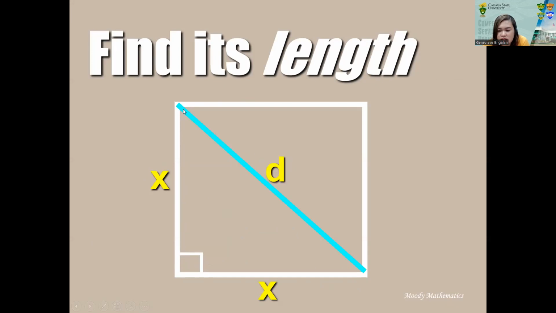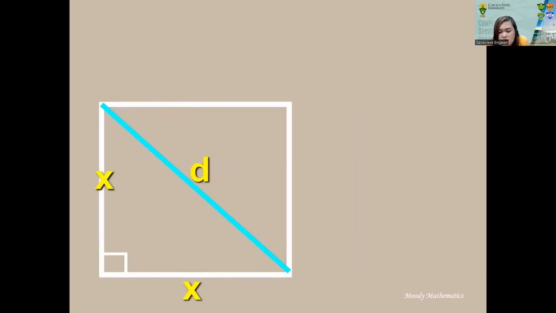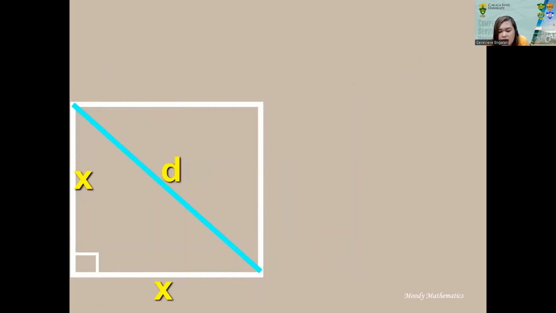Okay, so since this is a right triangle, we can use the Pythagorean theorem to find the measure of the diagonal or the hypotenuse of the 45, 45 right triangle. No? So, using the Pythagorean theorem, unsa man ang Pythagorean theorem?